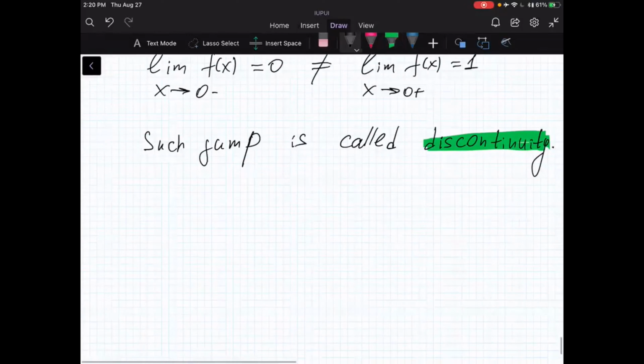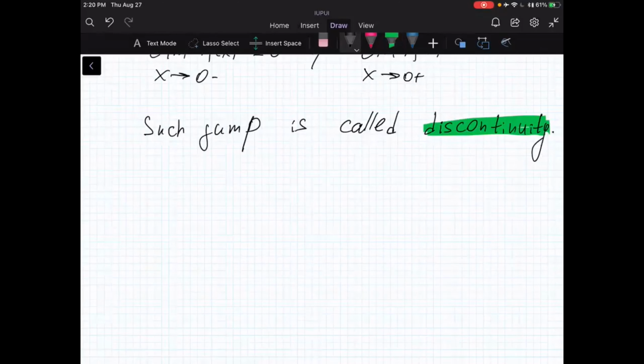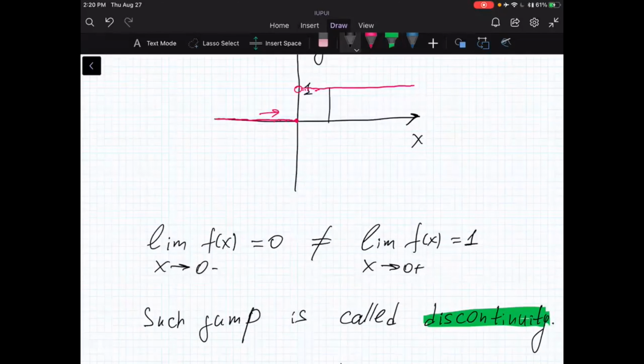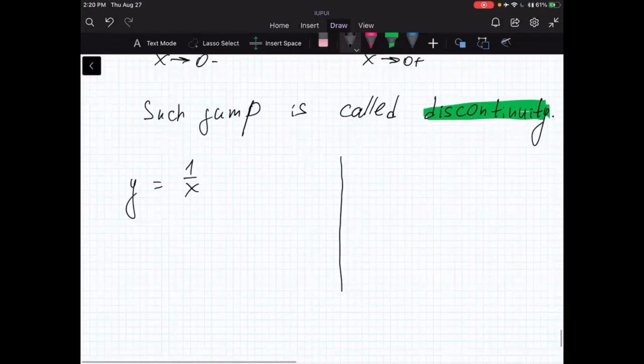And we also have seen other functions like y equals 1 over x that has a jump, but here the jump is finite, right? The jump is just 1 unit. While the function 1 over x has an infinite jump.